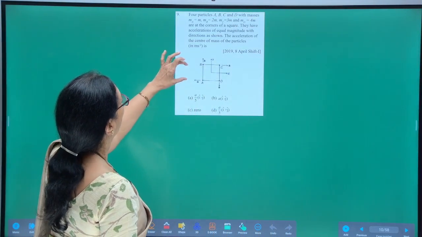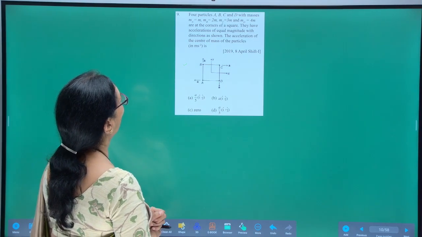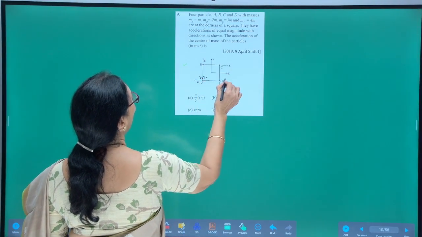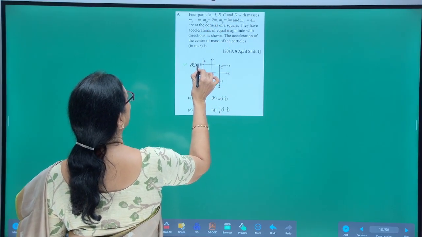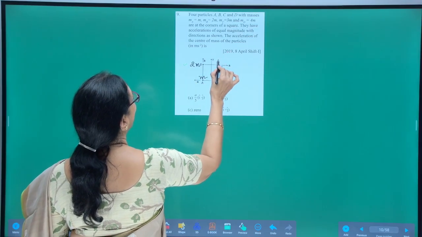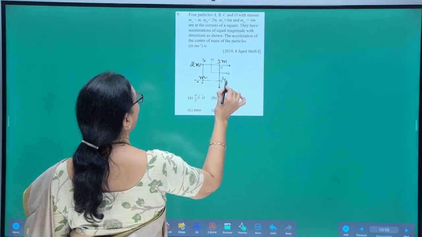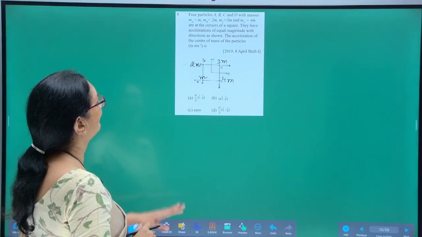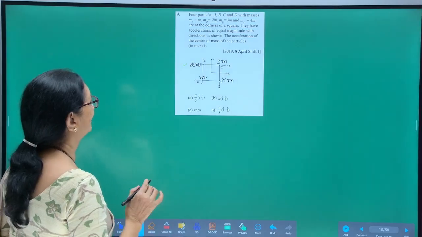Look here. Four particles A, B, C, D with masses m at A, and at B 2m, at C 3m, at D 4m are placed. They have accelerations of equal magnitude as shown. Find the acceleration of center of mass.